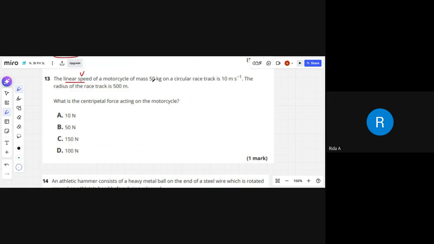A motorcycle of mass 50 kilograms on a circular racetrack moves at 10 meters per second. The radius of the racetrack is 500 meters. What's the centripetal force? Okay, so centripetal force equals mass times acceleration, and acceleration is r omega squared, or v squared over radius, sorry.